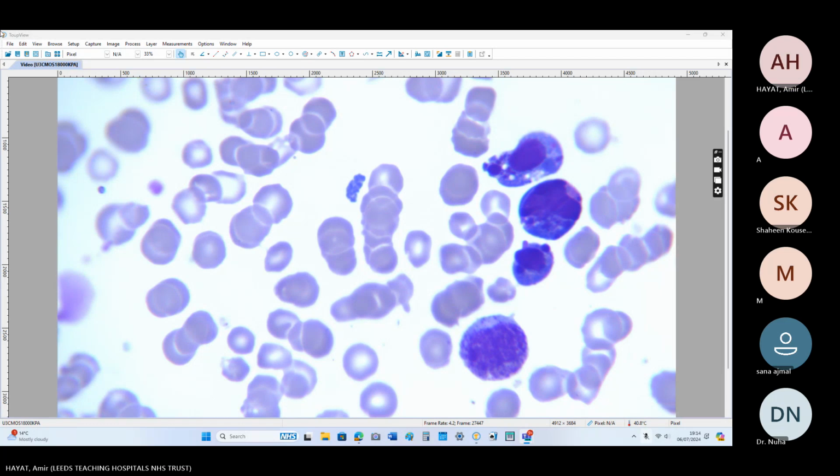So when they ask you about management, it does not mean that you will start chemotherapy directly. You have to do breaking bad news first. If the patient is under some other team or in the ED, you have to admit under hematology, break the bad news, and explain the diagnosis, prognosis, and chemotherapy option for the patient.